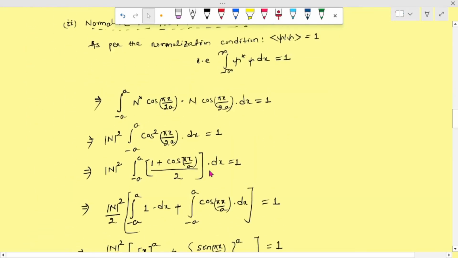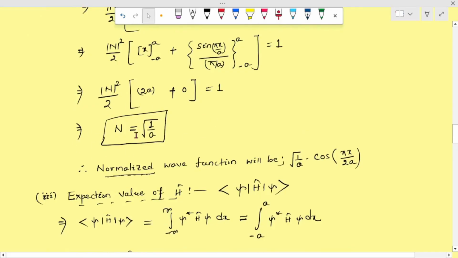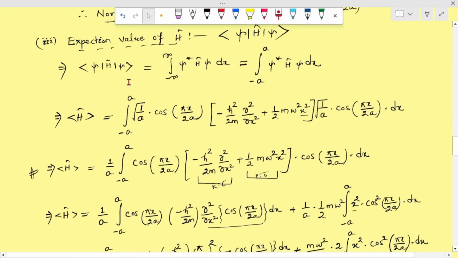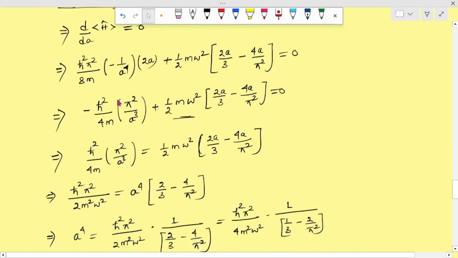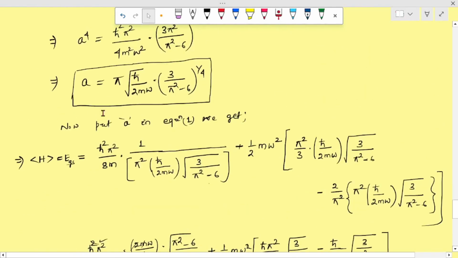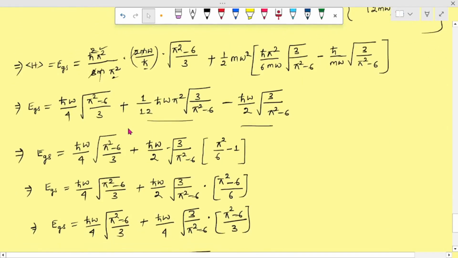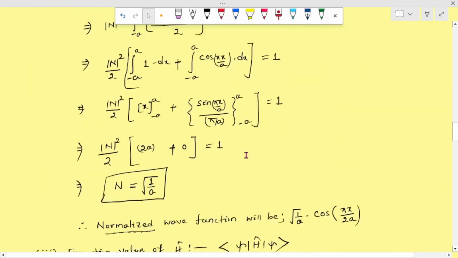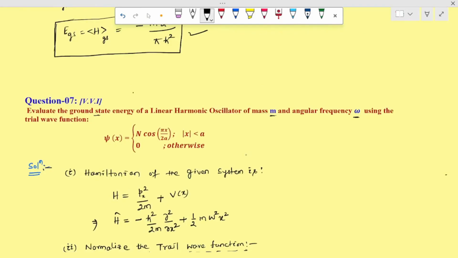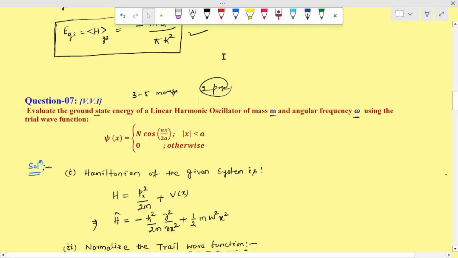If this is the normalization condition, this is a simple normalization derivation, N equal to 1 by a, and whenever you calculate the expectation value of Hamiltonian, you can omit a few steps. Likewise, for the minimization condition you can omit many steps, and after substituting the a value in the expectation value of Hamiltonian, directly remember this value, it will be better, because this question is asked many times in your exam for 3 to 5 marks. So 3 to 5 marks means you have to complete your work within 2 pages. So practice this question, then you can complete it in 2 pages, it will be better.